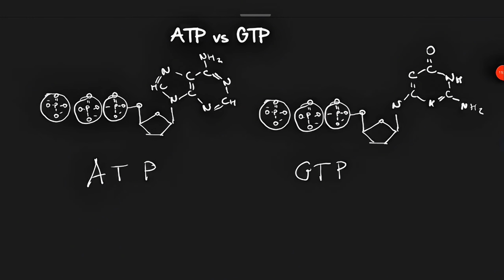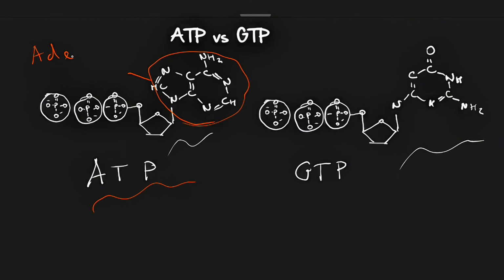Now I already prepared the slide. The difference between ATP and GTP is that they have different nitrogenous bases. ATP has adenine as its nitrogenous base, and in the case of GTP, it has guanine.